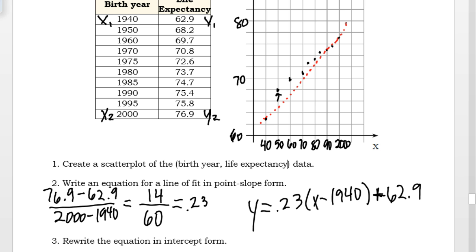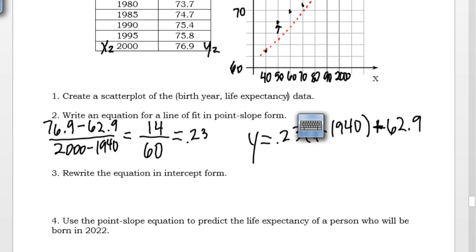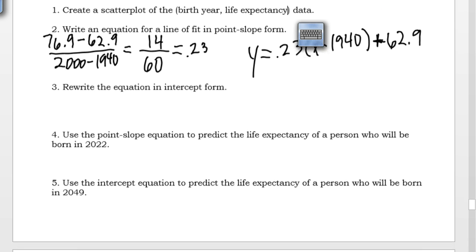The next question asks me to rewrite the equation in intercept form. And that's what was practiced in the last lesson. We are going to take this and distribute the 0.23. I need 0.23 times 1940, which is 446.2.